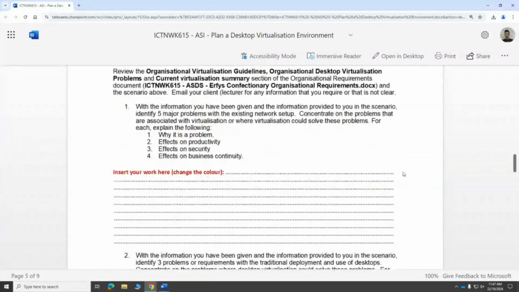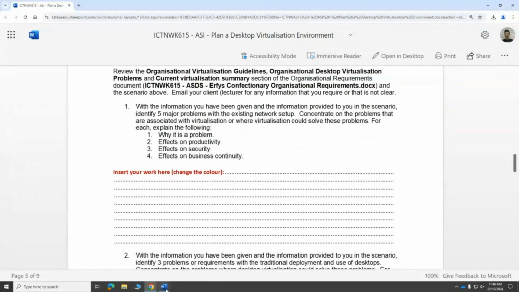With the information provided in the scenario, identify 5 major problems with the existing network setup. Concentrate on problems that can be associated with virtualization, or where virtualization can solve the problem, and more specifically where desktop virtualization can. Obviously this is similar to what we did in the previous one, but the key thing is it's to do with desktop virtualization.